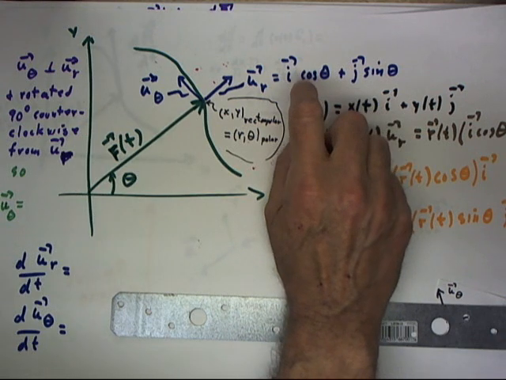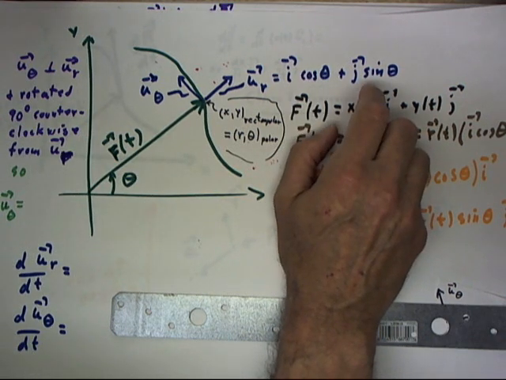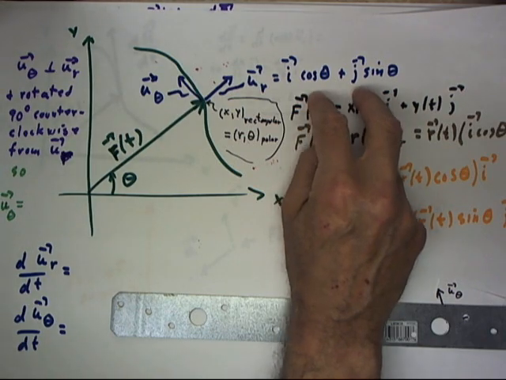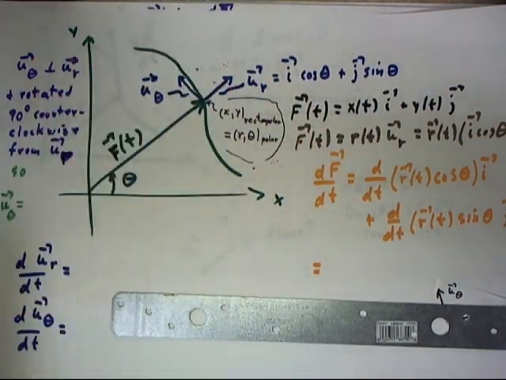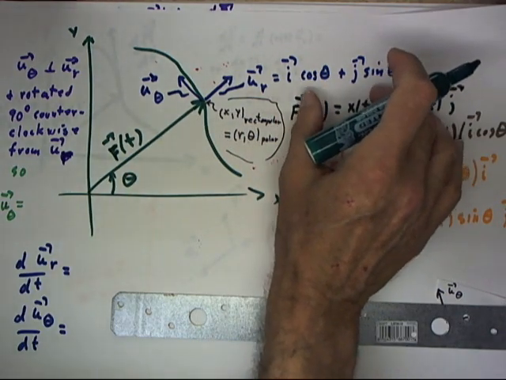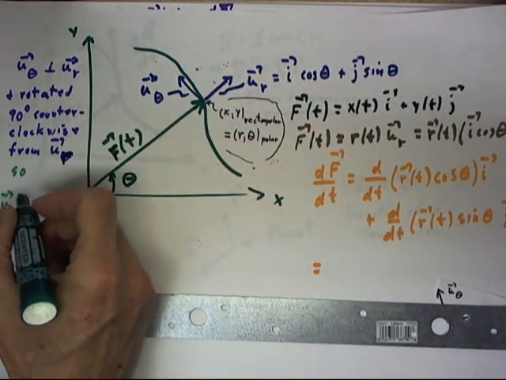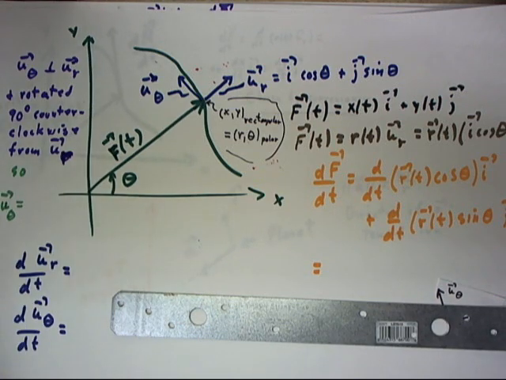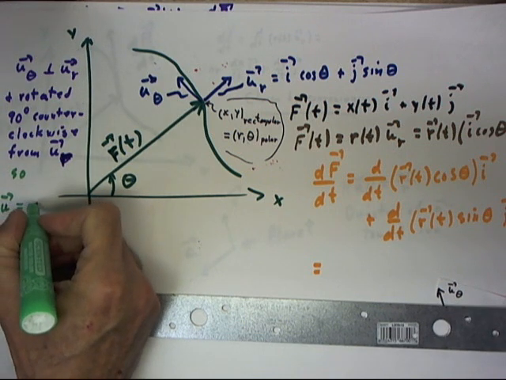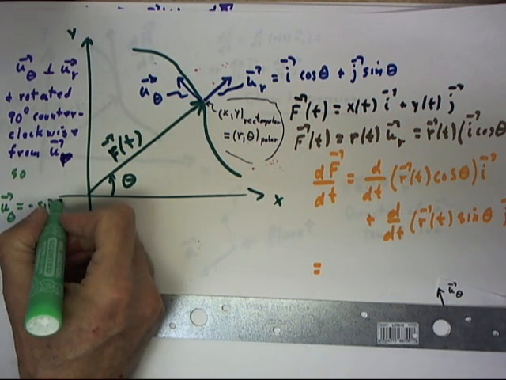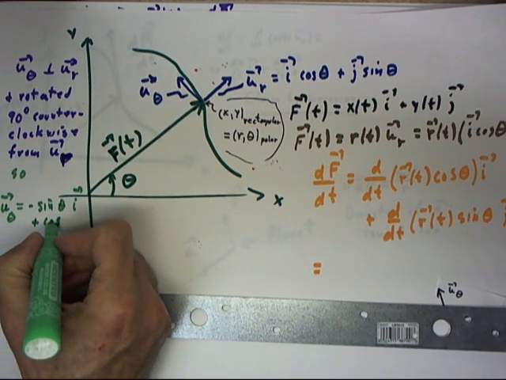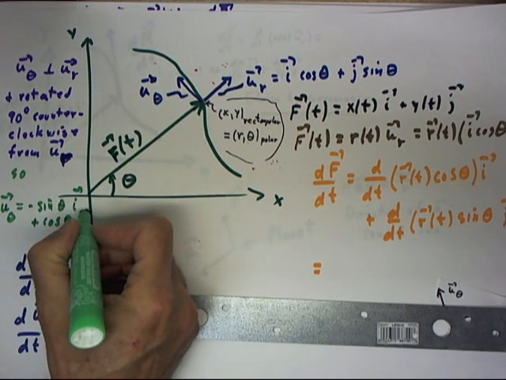Its dot product with i cosine theta plus j sine theta has to be 0, and its magnitude has to be 1. And it has to be rotated in the right-handed sense. Without going into a lot of detail, those conditions imply that u theta has to be negative sine theta times i plus cosine theta times j.